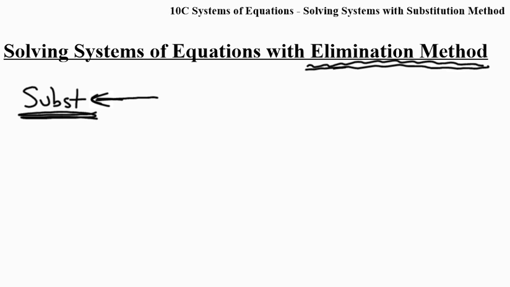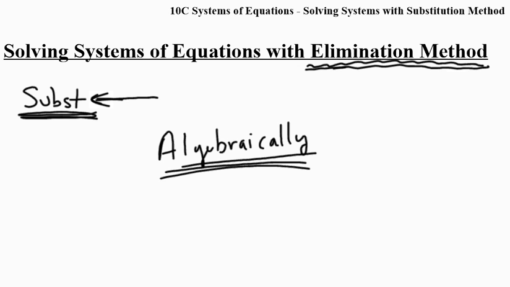When it comes to solving algebraically, I don't think on any assessments we ever say you must use a particular process. Algebraically means you can't just punch it into a calculator and come up with an answer. It means you have to show the algebra. If you like the substitution method, you can use it.